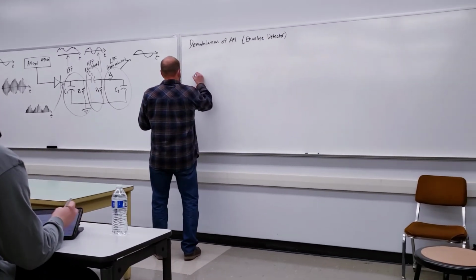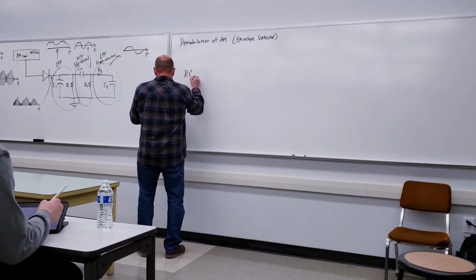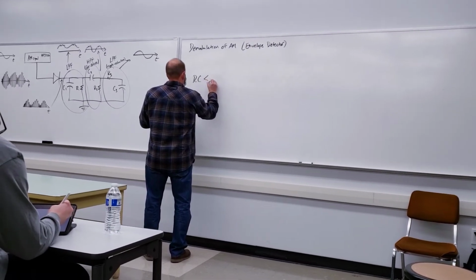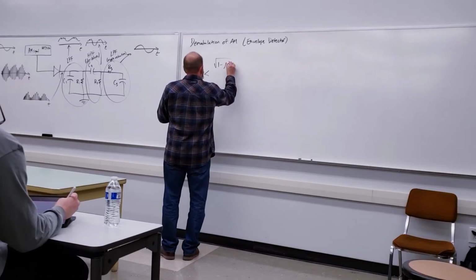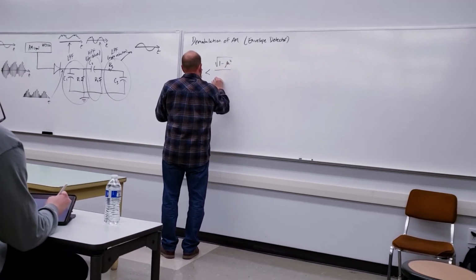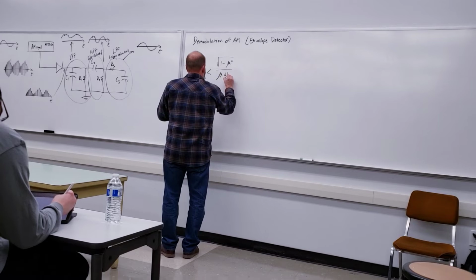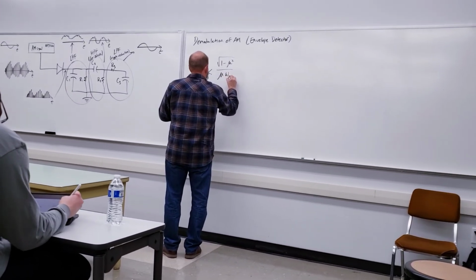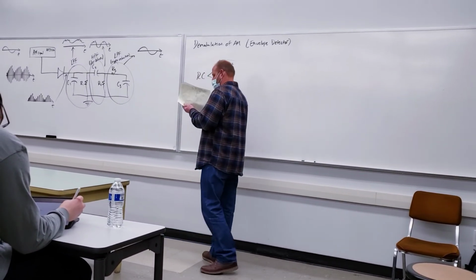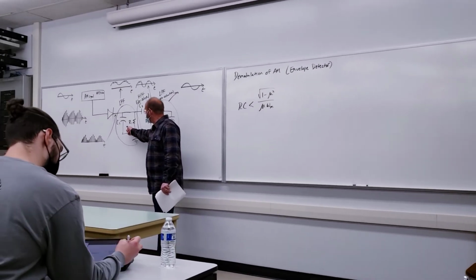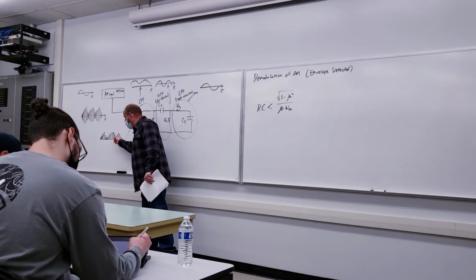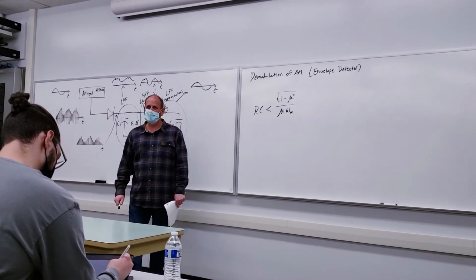We have one here: RC, which is tau, of course, less than the square root of 1 minus the modulation index squared, over the modulation index times the carrier frequency. I'm sorry, the message frequency. So there's one equation you can use, and by the way, this is for determining this first low pass filter, getting the tau just right, at least in the neighborhood.